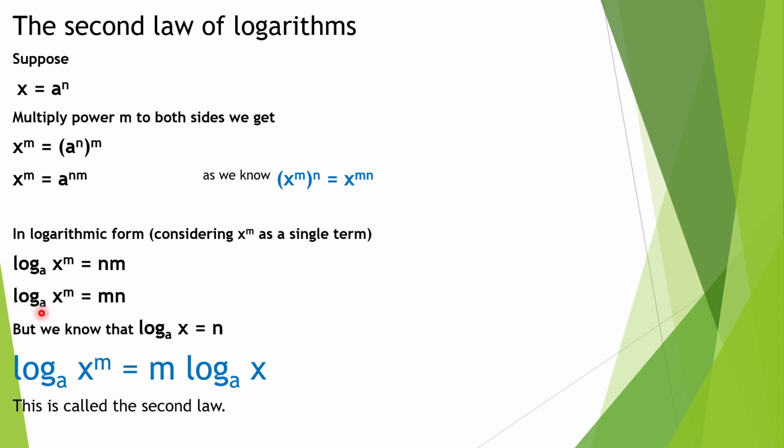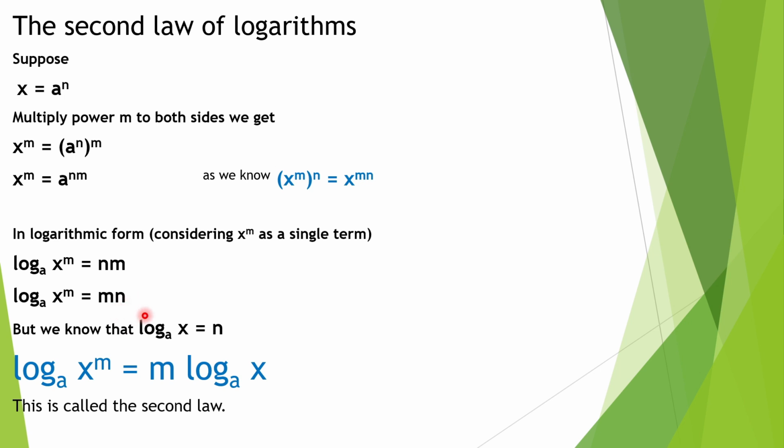Or we can write log to base a of x^m is equal to mn. But we know that log to base a of x is equal to n, as we have told you in the first equation and in the first law of logarithm. So now we will put the value of n in this equation.